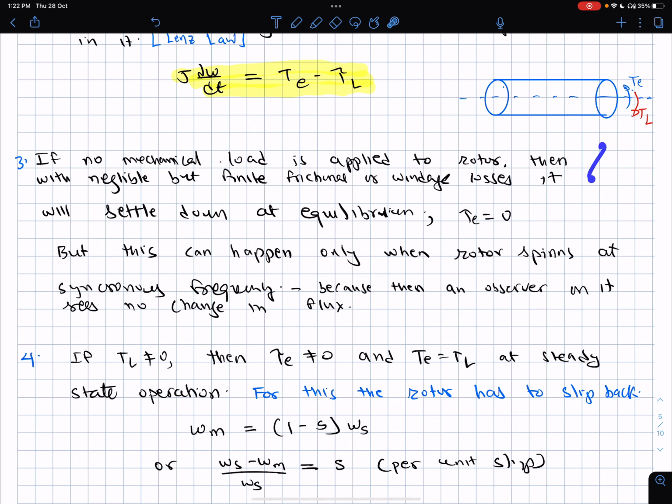So under an ideal condition, but just assuming that there is just enough to damp out any transient, what it means is that the rotor should spin now at synchronous speed. The omega s, the synchronous speed, the rotor should start spinning at the synchronous speed at no load condition.